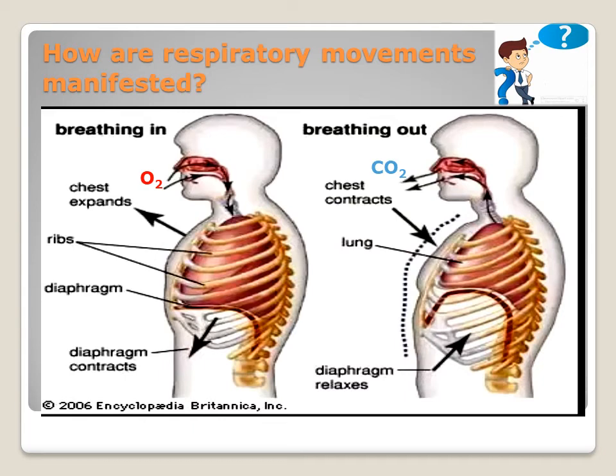While when you exhale air rich in carbon dioxide, your chest contracts, it moves down, your thoracic cage decreases in volume since the air which filled up your lungs during inhalation will be expelled outside your body. And finally, your diaphragm relaxes and moves up.